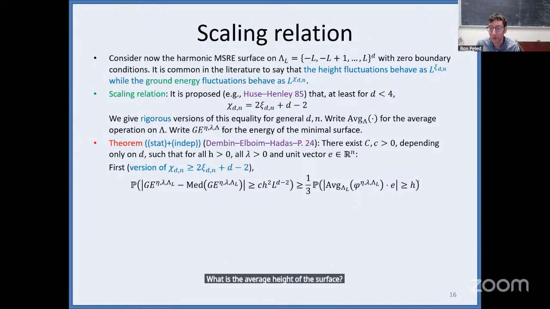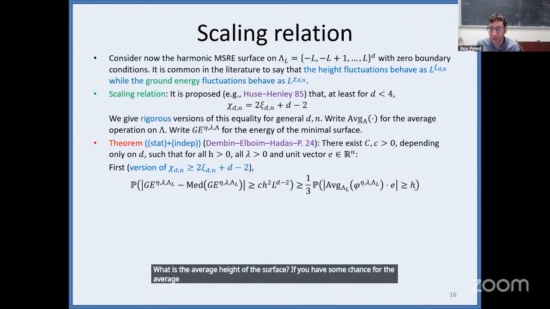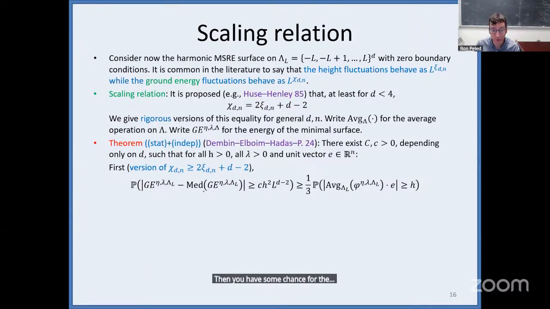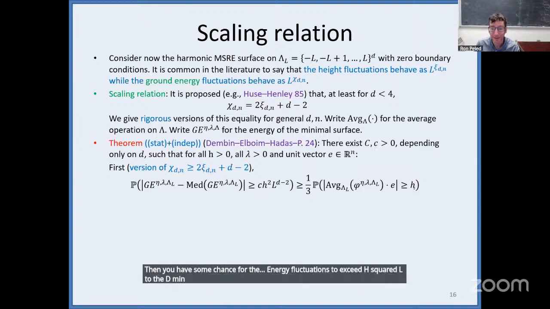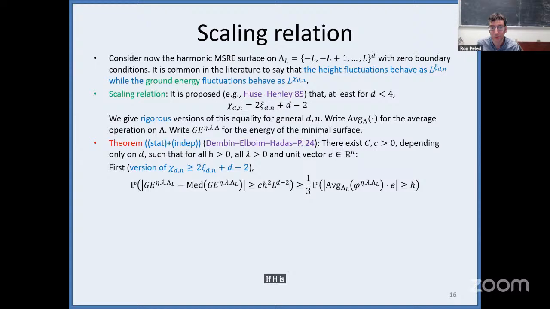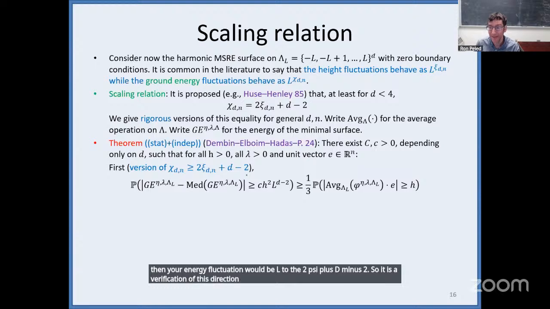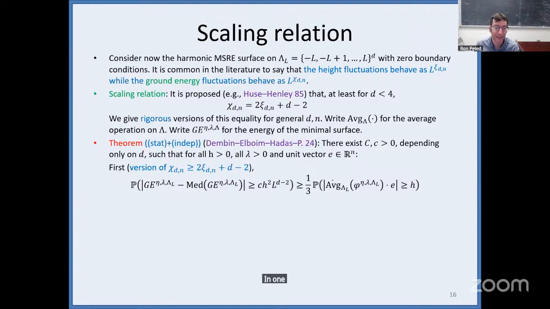If you have some chance for the average height to exceed h, then you have some chance for the energy fluctuations to exceed h squared L to the d minus 2. If h is your typical fluctuation, L to the psi, then your energy fluctuation would be L to the 2 psi plus d minus 2. So it is a verification of this direction in one for a notion of height and energy fluctuations.